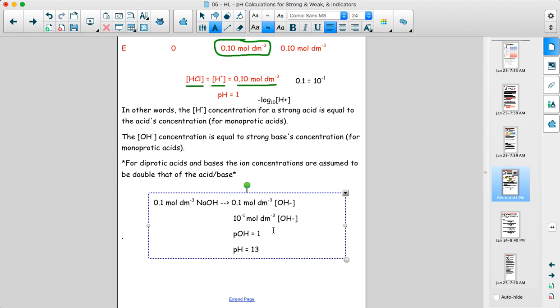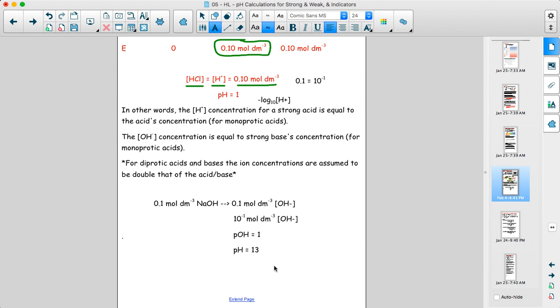So the only thing that's different about a strong base calculation is that you have to do the added step, and remember that what you can figure out is pOH from hydroxide concentration, and then the pOH and the pH have to add up to 14.